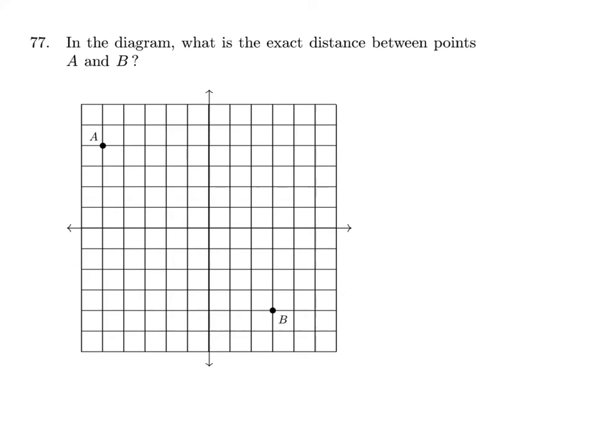In the diagram, what is the exact distance between points A and B? I need to use the distance formula: x1 minus x2 squared plus y1 minus y2 squared.